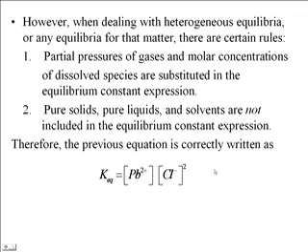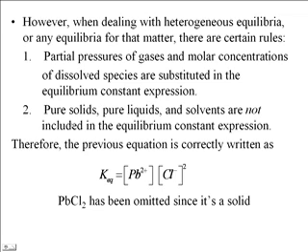This right here is the correct equilibrium equation for that reaction. A lot of times with acid and base reactions where you've got an acid reacting with a base to produce water, water is a pure liquid. You do not include water in equilibrium expressions. You only use things that are aqueous or things that are gases. So PbCl2 has been omitted since it's a solid.